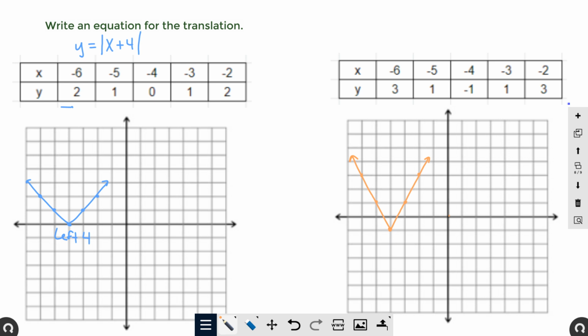It moved left 4 and down 1. Now, it opens up.